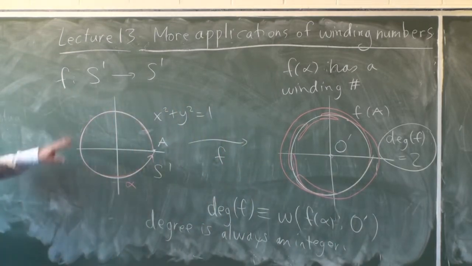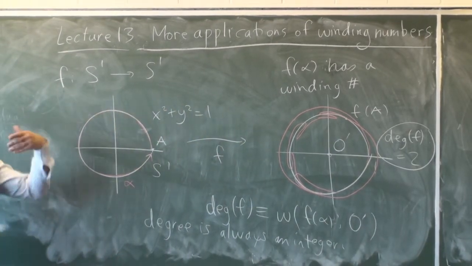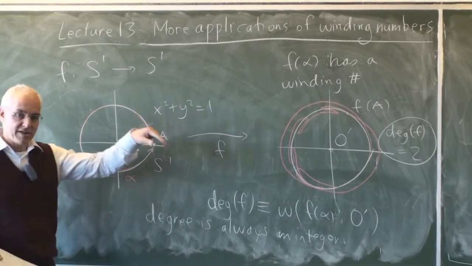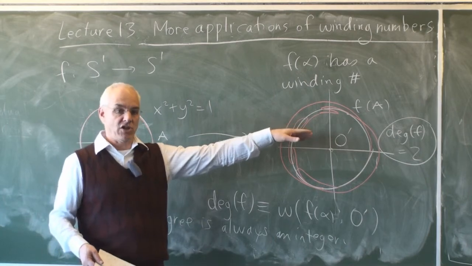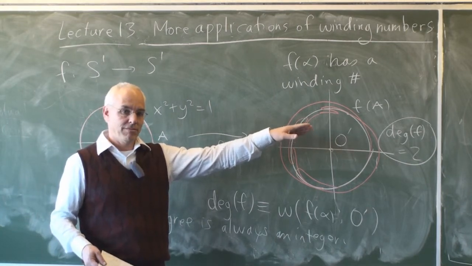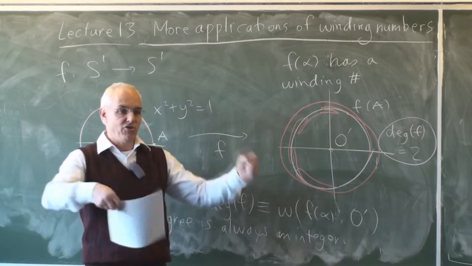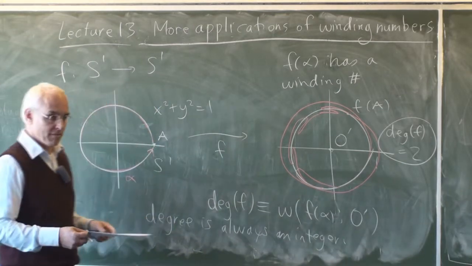An important remark is that if we vary the function continuously, if we change the mapping continuously, this degree is not going to change. Because it's an integer. It can't jump from 2 to 3 without dramatically changing the function.